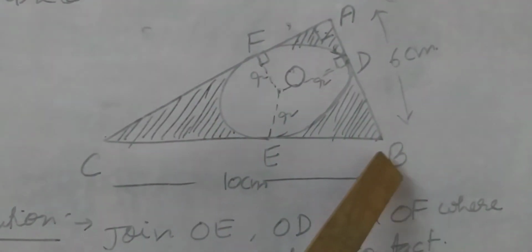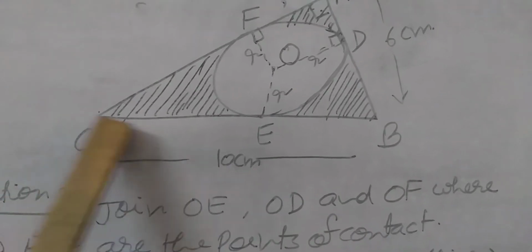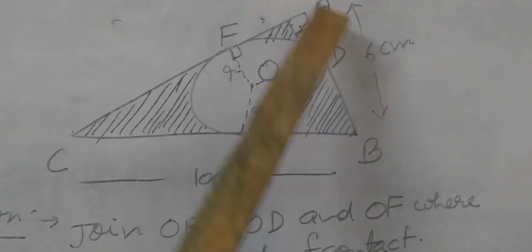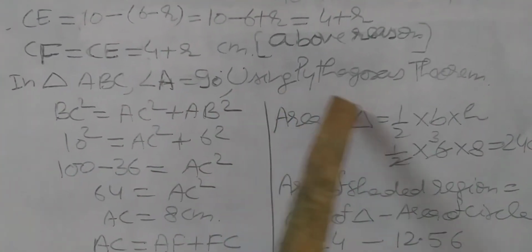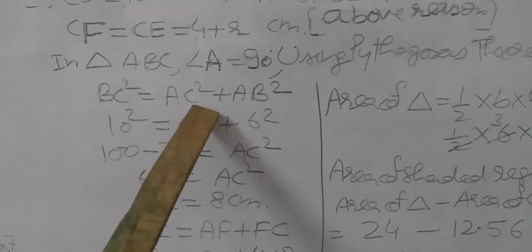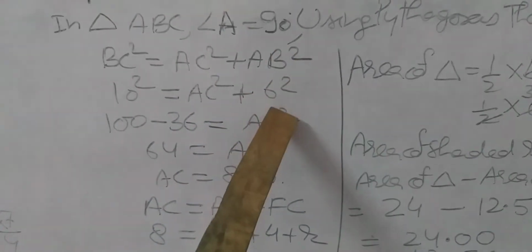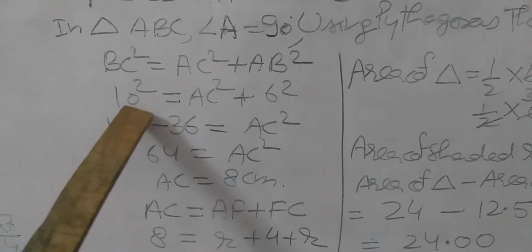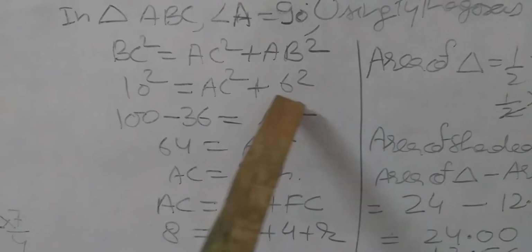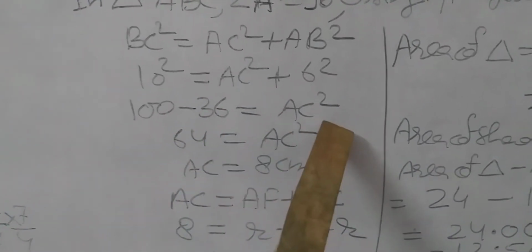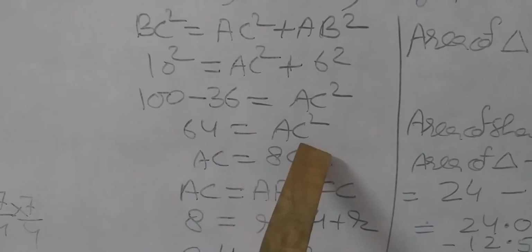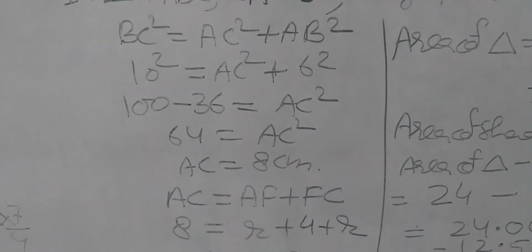BC is given as 10 centimeter and AB equals 6 centimeter. Using Pythagoras, BC square equals AC square plus AB square. 10 square equals AC square plus 6 square. 100 minus 36 equals AC square. 64 equals AC square. AC equals 8 centimeter.